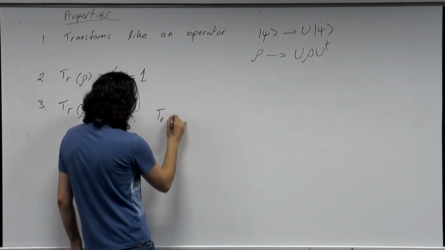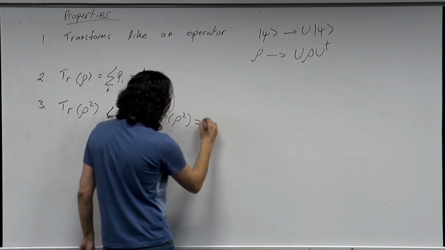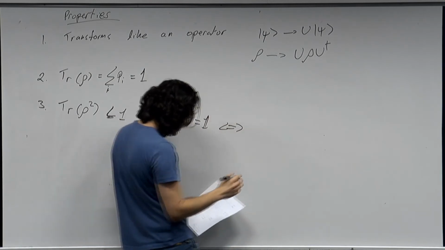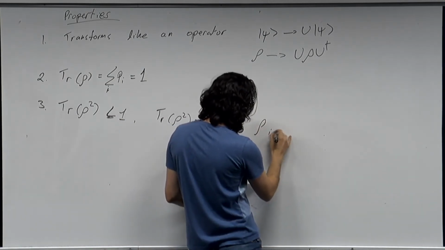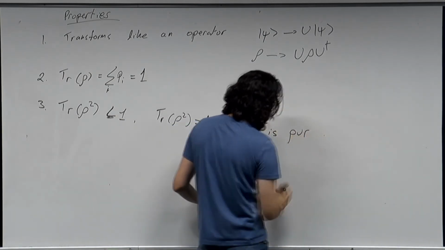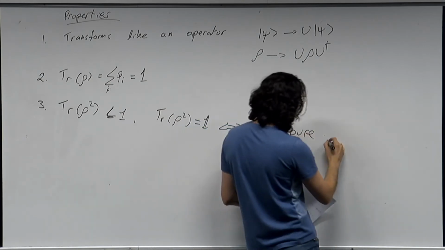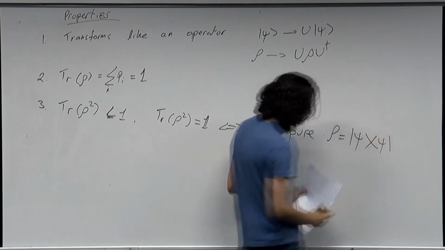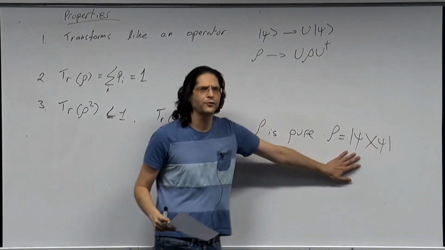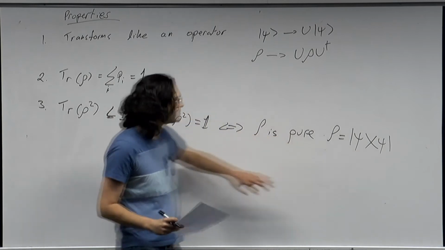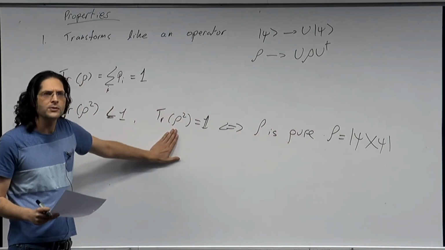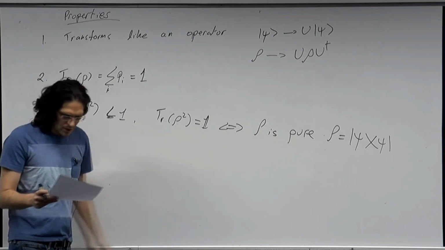And if the trace of rho squared equals 1, it necessarily means that rho is pure, which means that we can write rho as some psi. And also the reverse. If rho is pure, which means you can write it as psi, then the trace of the square of the density matrix will equal 1.